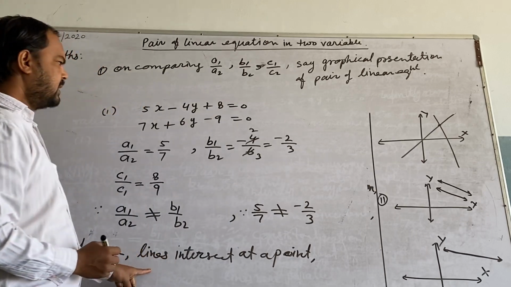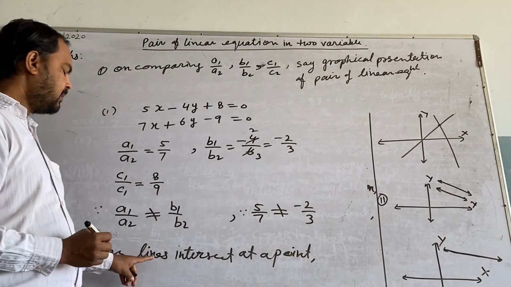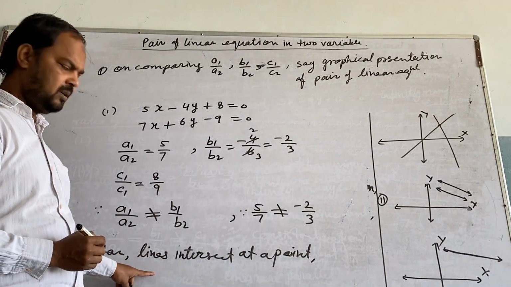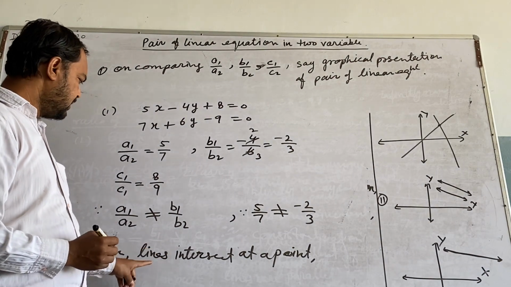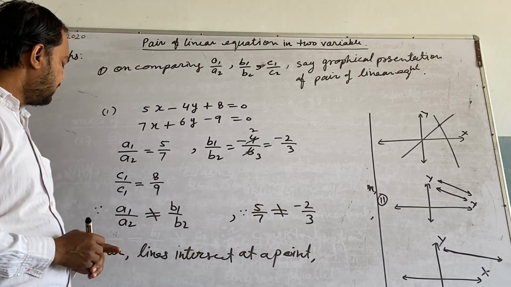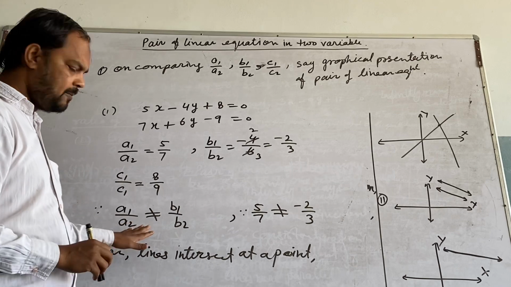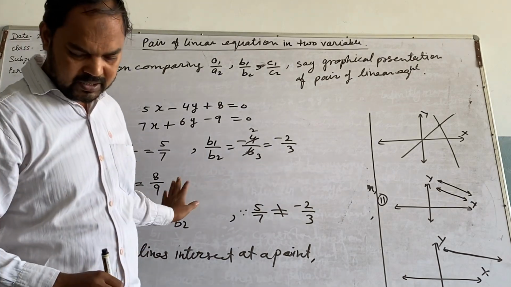We can say the graph of the pair of linear equations intersects at a point. Many words you can use.